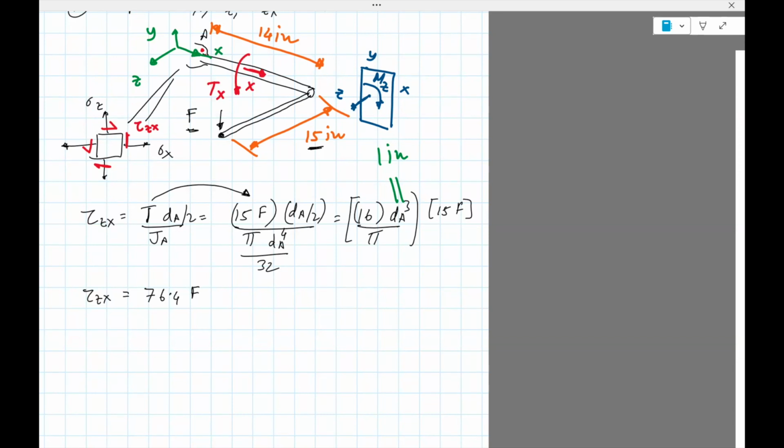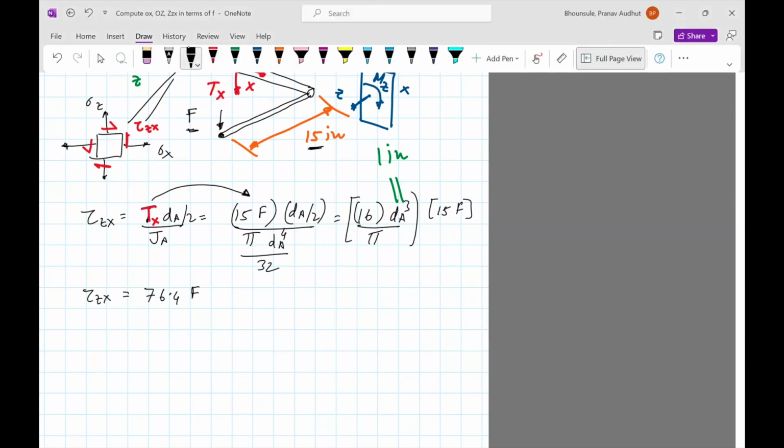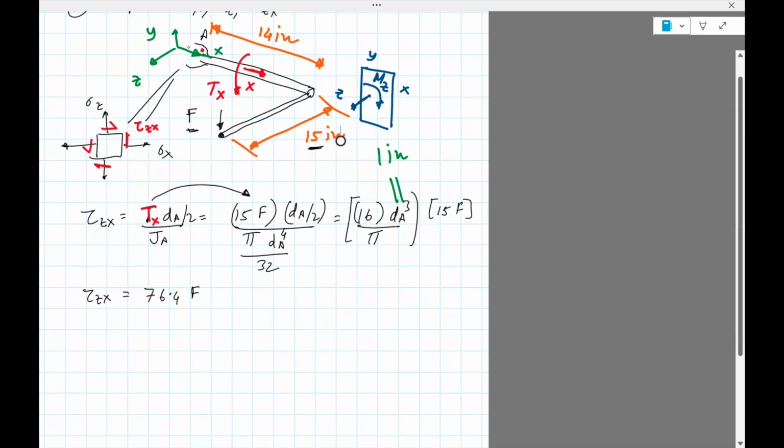The way you think of torques is that if you take your right hand, point your thumb in the direction of x, then your curled fingers will give you the direction of the torque. So there's a bending moment Mz as shown. Same trick applies: take your thumb, point it in the direction of z, and your curled fingers give you the direction of Mz. Here, Mz is in the other direction.